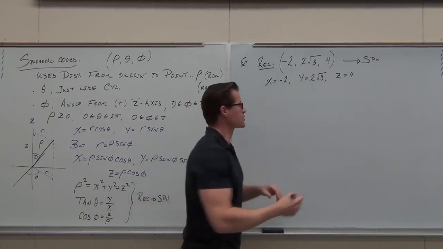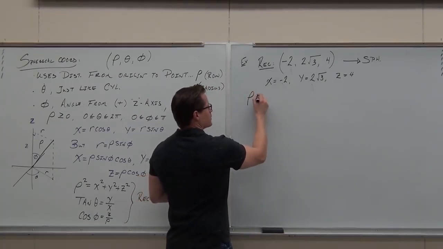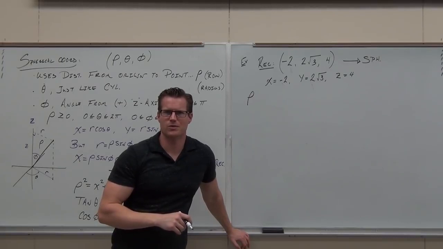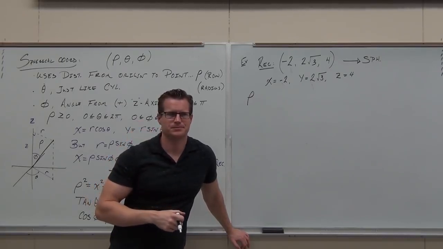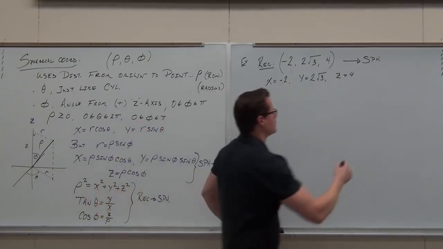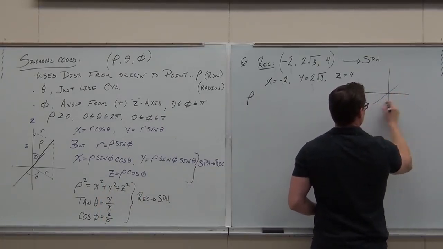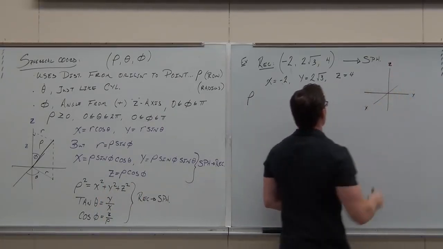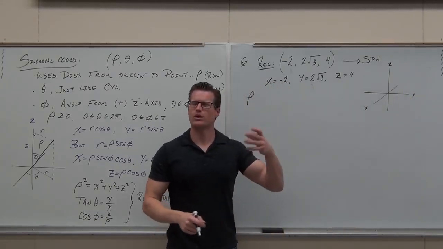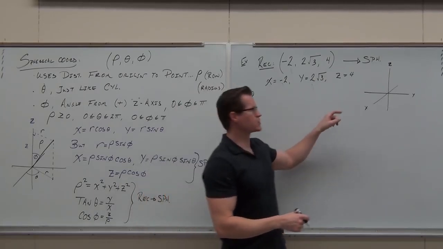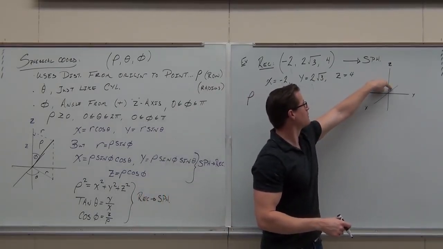So let's do that first. So to find our rho, oh, you know what? I forgot something. I forgot the major part. Before we even do any of this work, what's important about it? What should we be thinking about at least? Where is it at? What quadrant is this in? Negative x pushes us back.